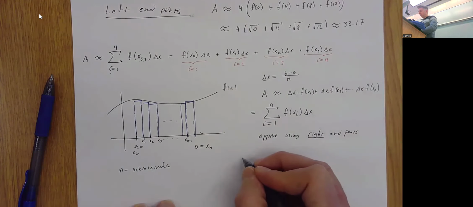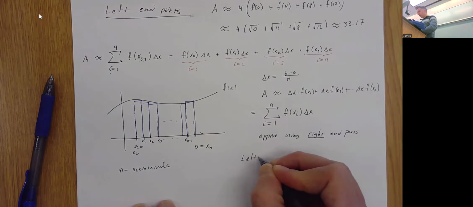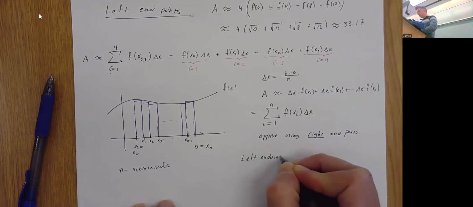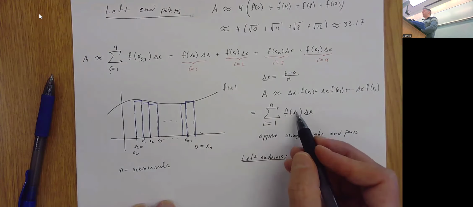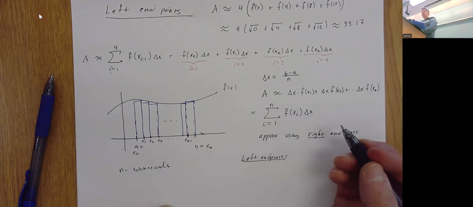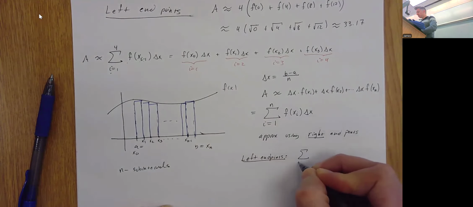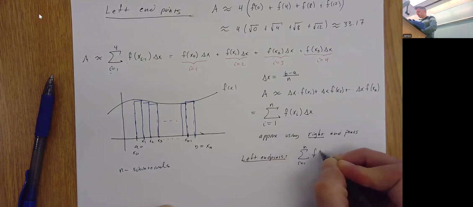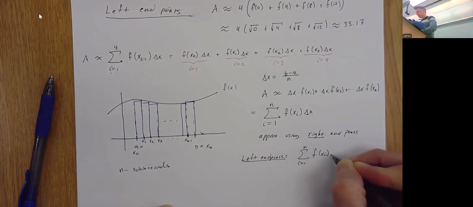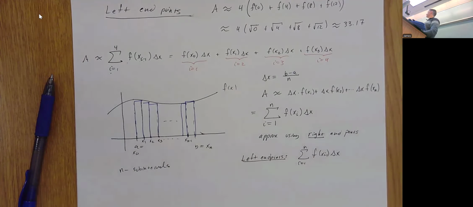And just to kind of fill in the picture, if you wanted it using left endpoints, the only thing that would change would be that the x sub i would be x sub i minus 1. Sorry, minus 1.